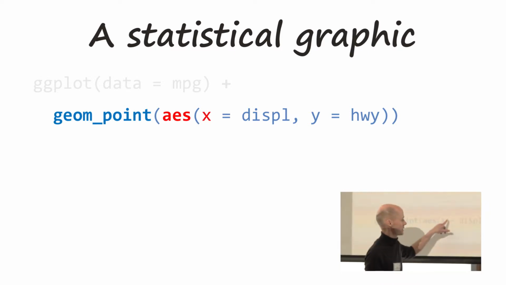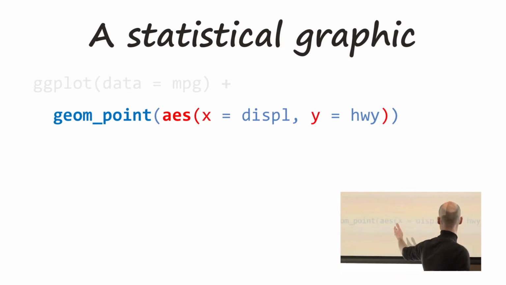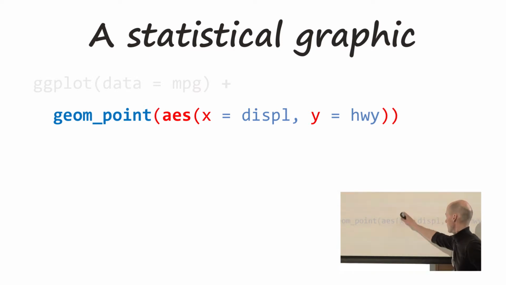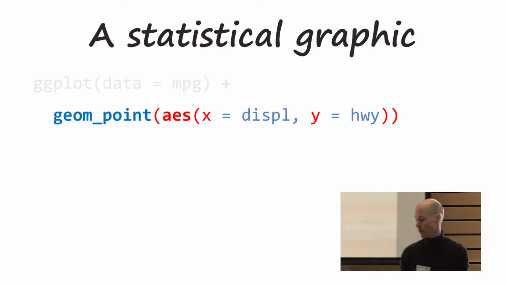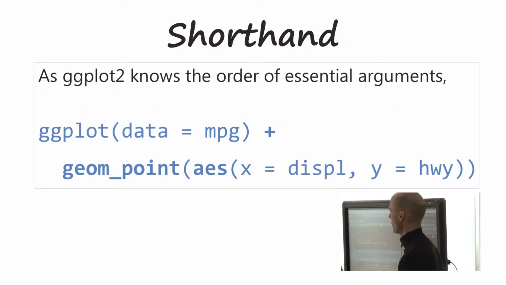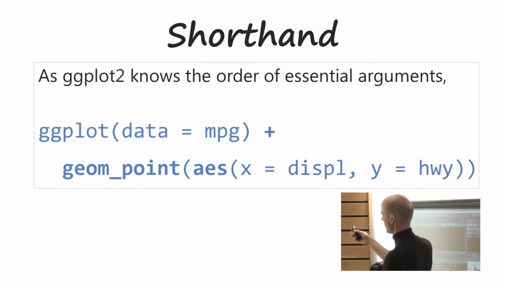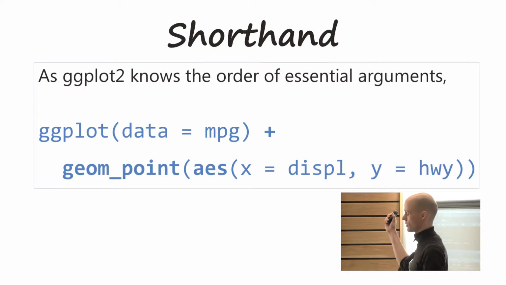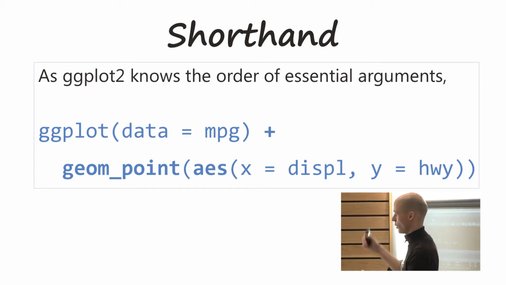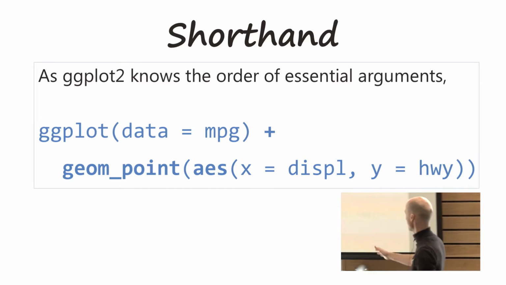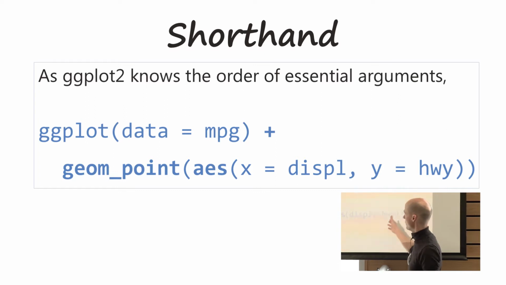We have our x and our y, which go inside the brackets of the aesthetic function. But you can also compress that code into a shorthand version, because ggplot knows the order of essential arguments like data, and when you're specifying aesthetic, it knows that the x goes first and the y goes second.